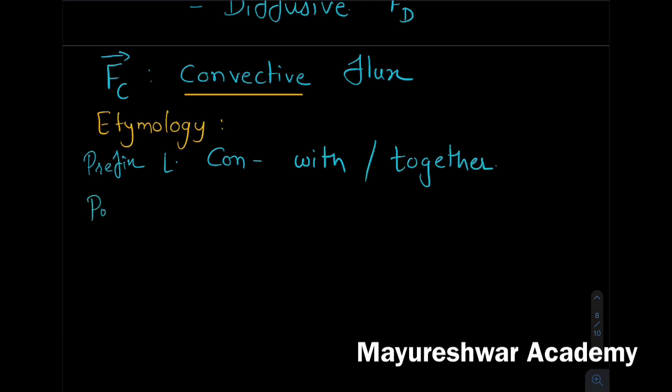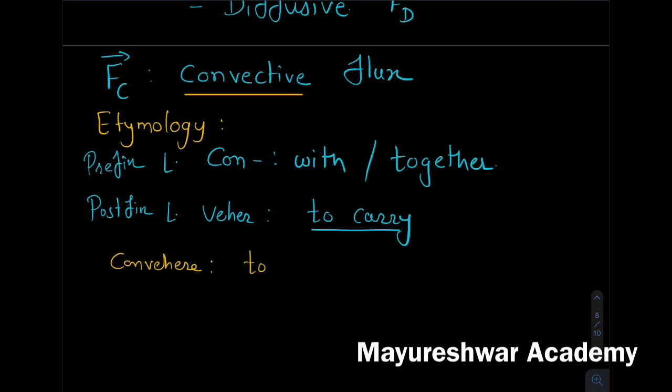The same root is here also. And there is the postfix, a Latin verb, vehere, which means to carry. So literally, convehere, the Latin word for convective, means to bring together. This is like bringing together all the fluid properties which we have considered.